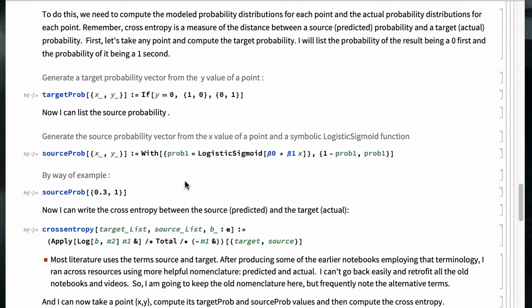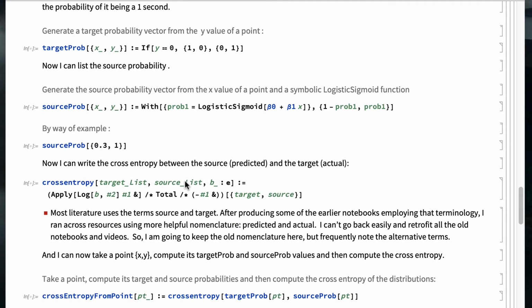What about the source, also known as the prediction? So for this, we're going to use our friend the logistic sigmoid, and its value is going to be beta 0 plus beta 1 x, and the probability that it's a 1 is this logistic sigmoid value, and the probability that it's a 0 is 1 minus this logistic sigmoid value.